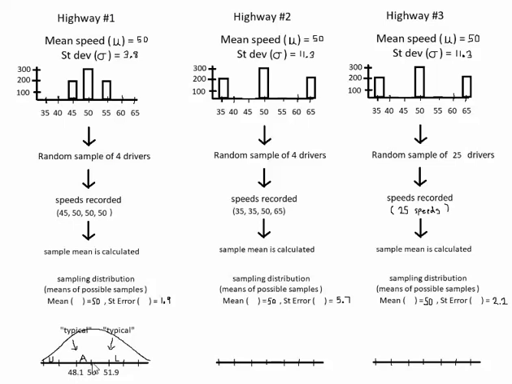So this is basically 1 standard error going to the right and 1 standard error going to the left of the population mean. After that, make an arrow going to this right tick mark, and an arrow to this left tick mark, and write the word typical over both of them.